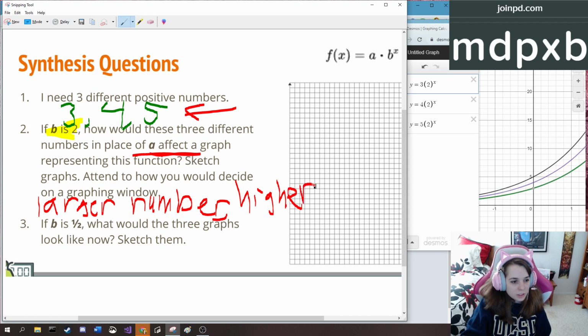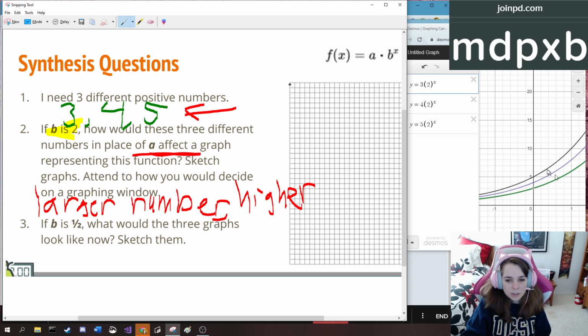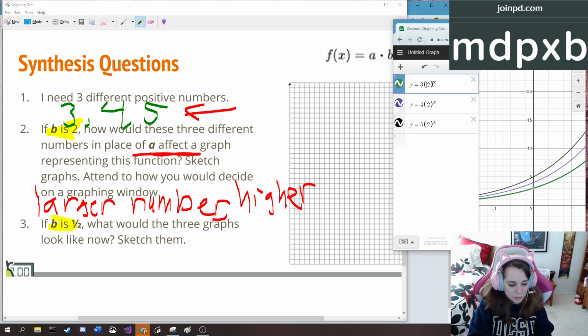All right. So if B was a positive number, the larger the number, the higher it's going to be. Now it says, what if B instead was 1/2? So let's change our rate to a decimal and see what happens.